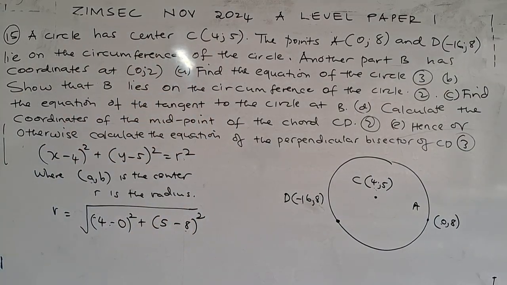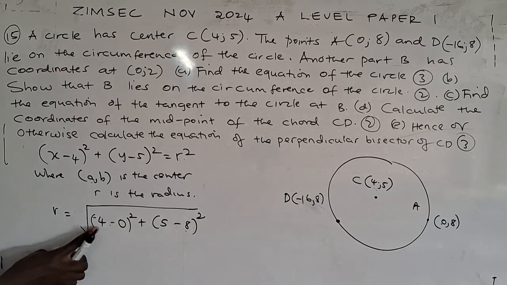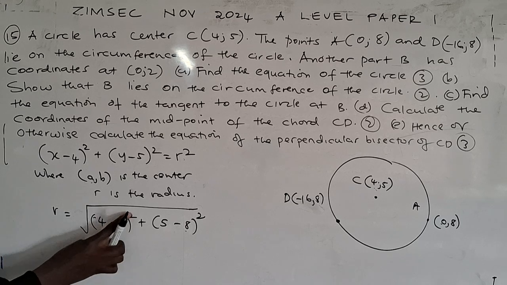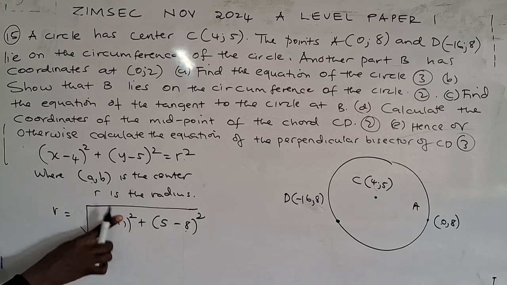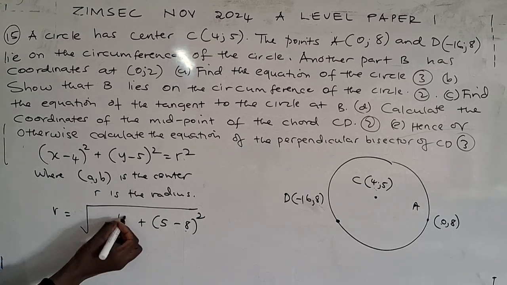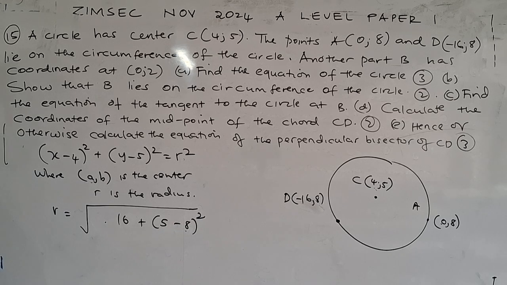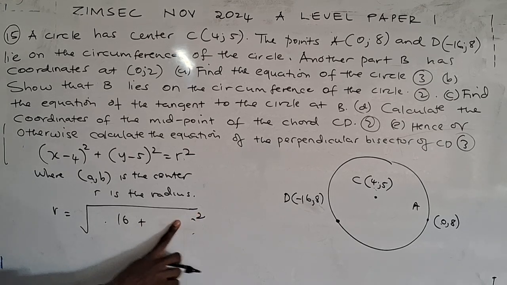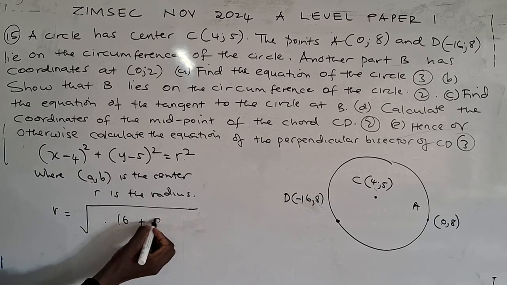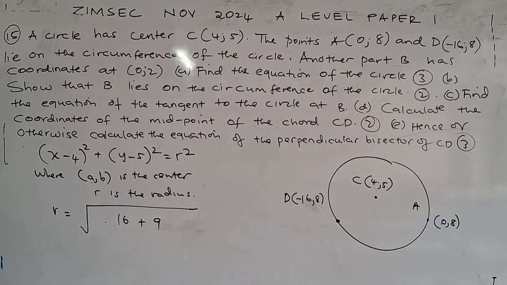4 minus 0 is 4. 4 to the power 2 is 16. 5 minus 8 is negative 3. Negative 3 to the power 2 is 9. 16 plus 9 is 25.